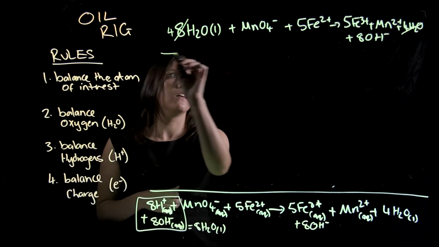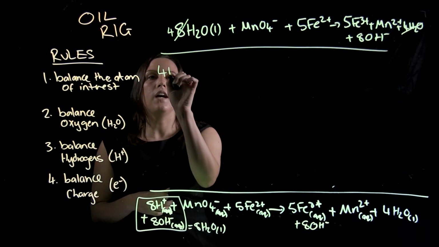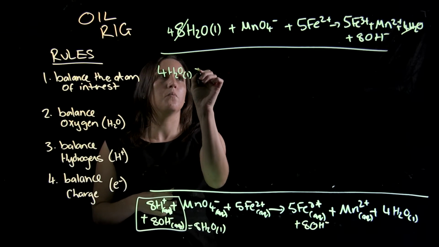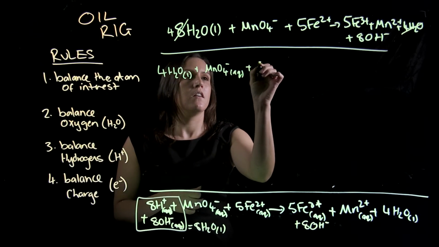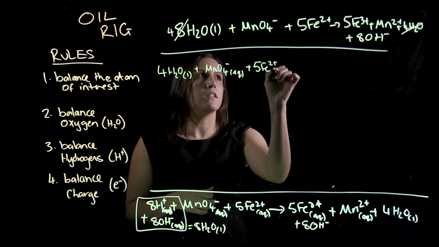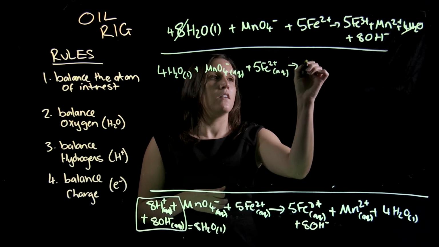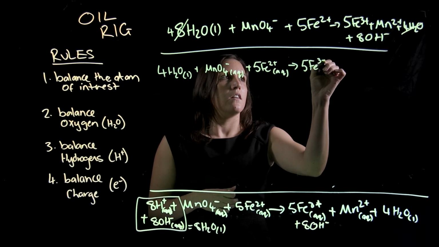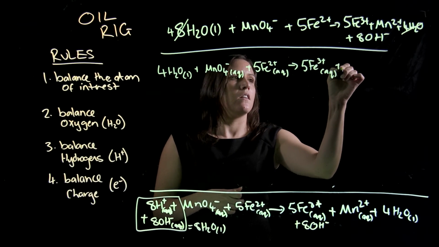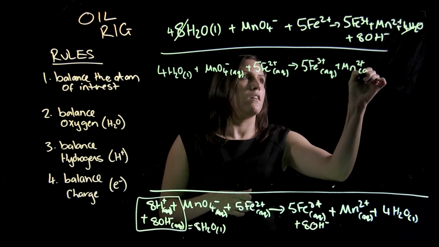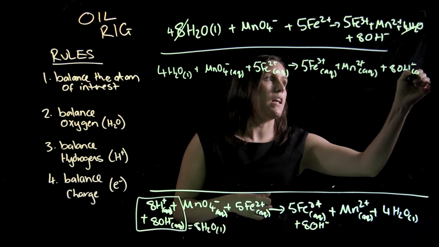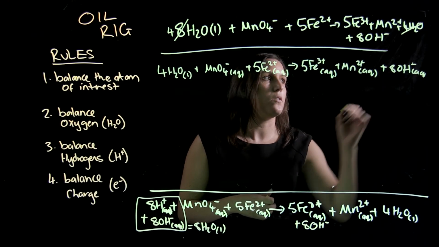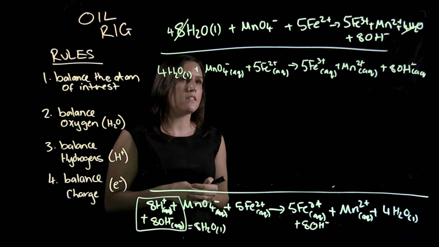So the final answer would be 4H2O liquid plus MnO4 minus aqueous, 5 Fe2 plus aqueous. And again, hydroxide ions are aqueous as well as hydrogen ions.